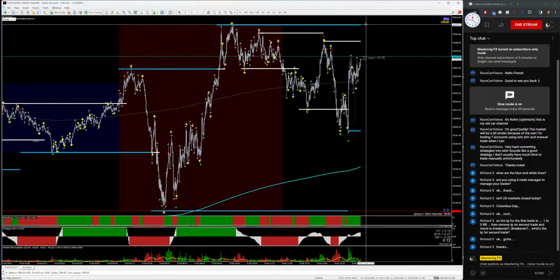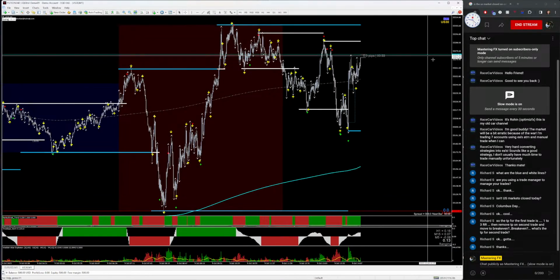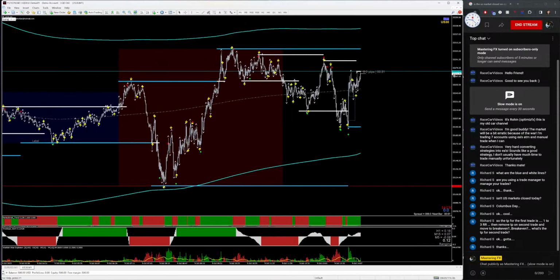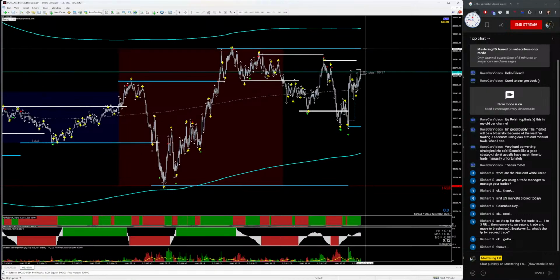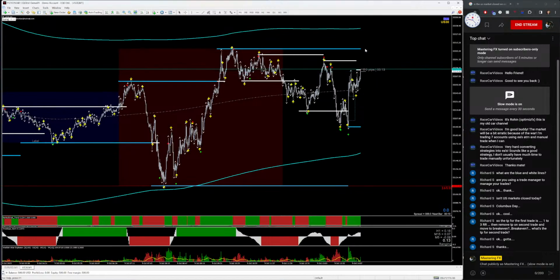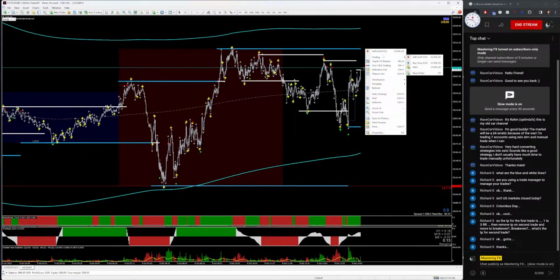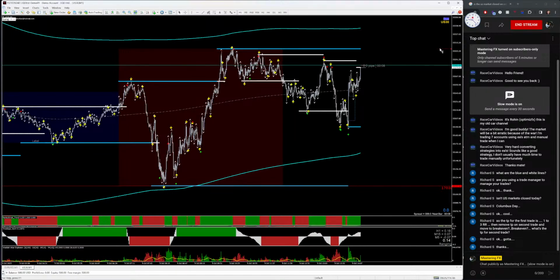It looks like we're gonna take out the high here. Here's a TMA band. There's a lot of liquidity up here. So I'm waiting for price to go up here to take out that London high, and then I will consider a short. Let's just set an alert here so I'm not missing it.